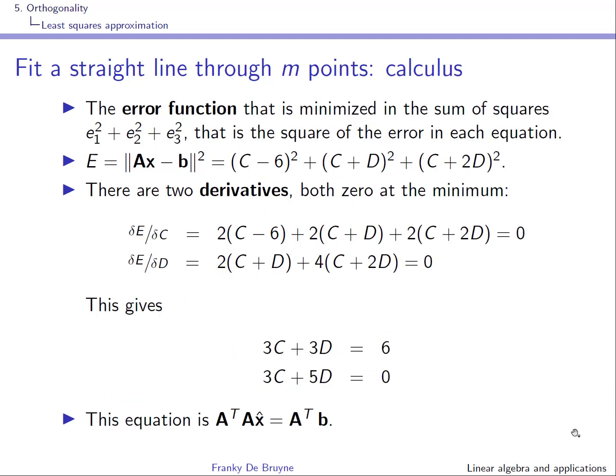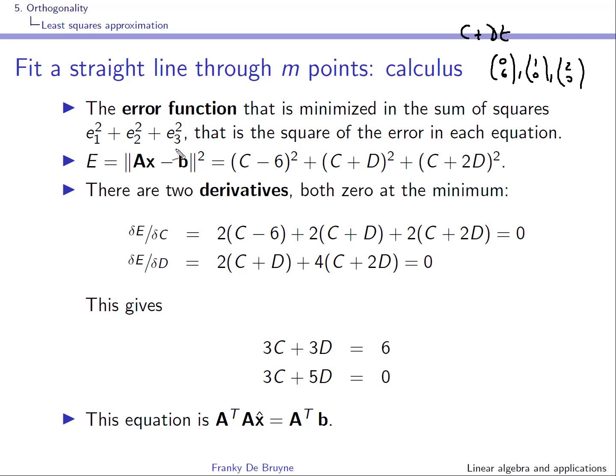And a third interpretation can be obtained using calculus. Remember that the error function that we want to minimize is the sum of squares. The 3 points were (0, 6), (1, 0), and (2, 0), and the straight line that we wanted to fit was this, of course.